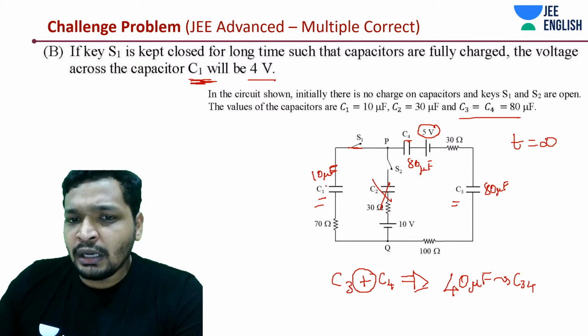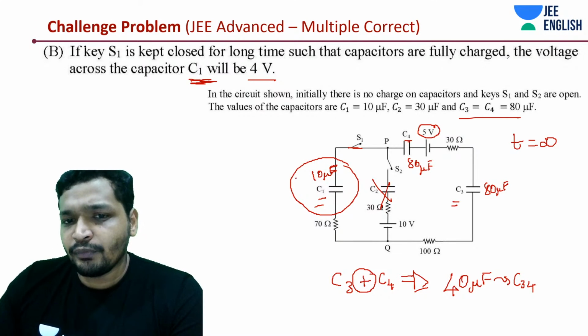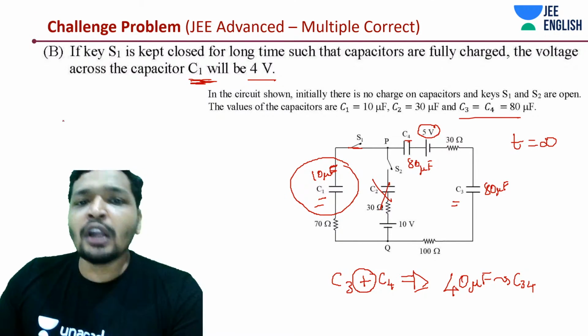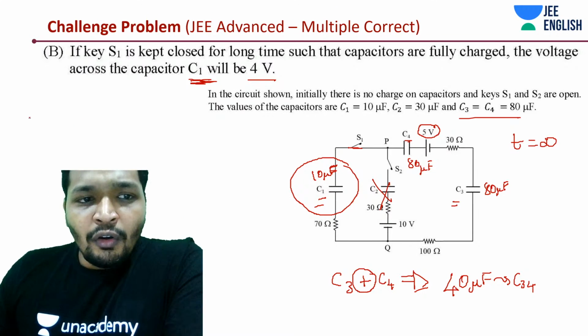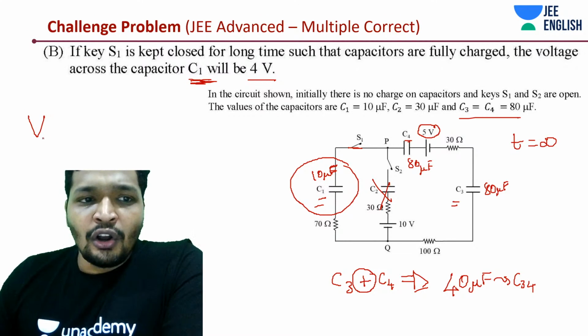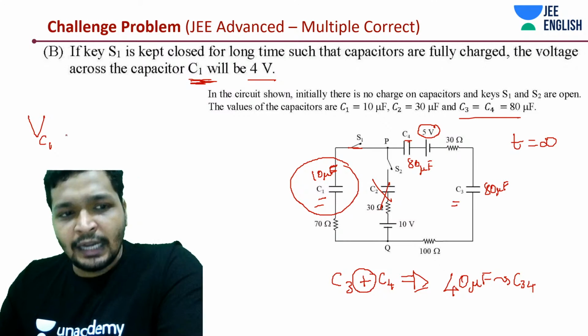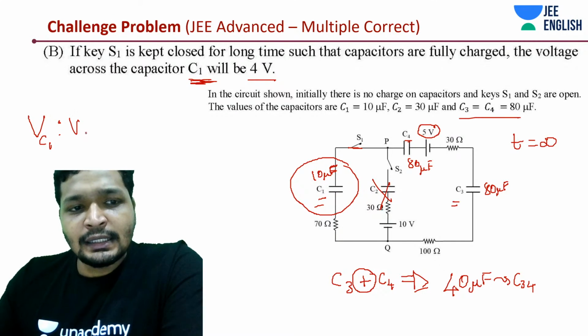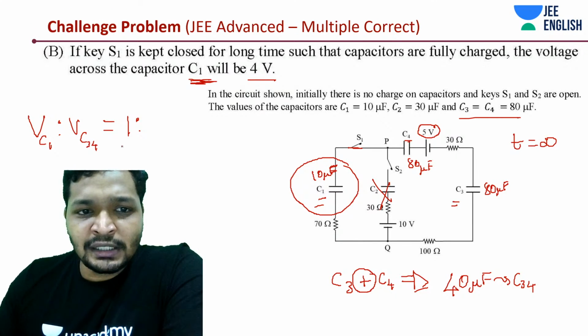And C1 is how much? 10 microfarads. So what would be the ratio of potential drop across C1 and the combination of C3 and C4? It is in the ratio of 1 by C1 is to 1 by C34.